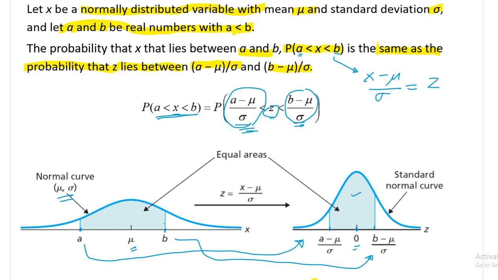They give you exactly the same area. Whenever your x lies between a and b, your z will lie between these two values. Now what is the benefit? The benefit is that this area is given in the table.